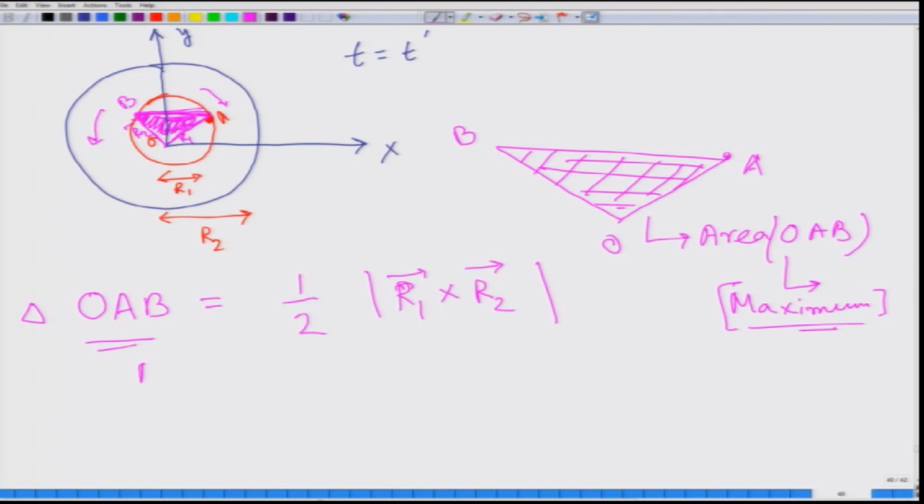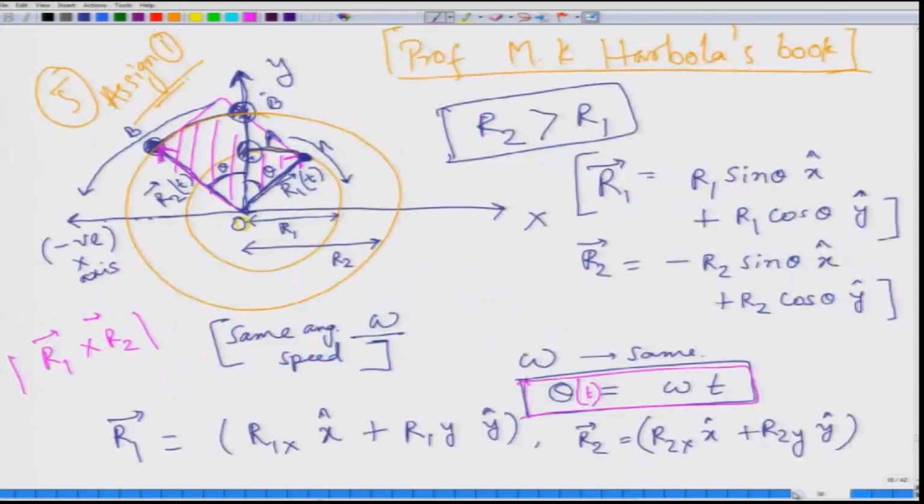So I know the cross product between two vectors R1 and R2 in this case is written like this. You can see the components from the previous page that I have written R1 to be R1 sin theta and R1 cos theta, and for R2 I have written it as minus R2 sin theta and R2 cos theta, and that is quite evident from the picture that we have drawn.